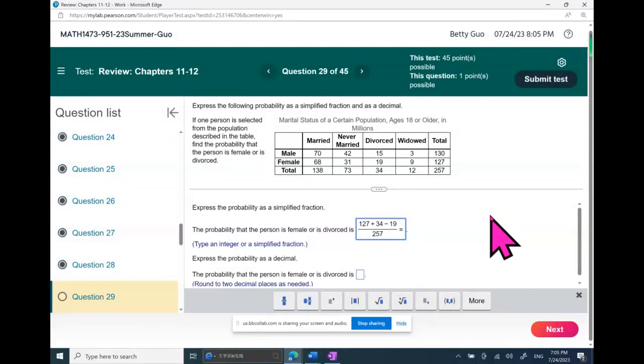Numerator: 127 plus 34 minus 19, divided by 257.